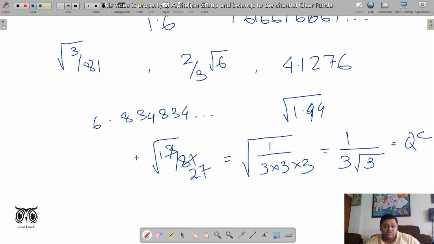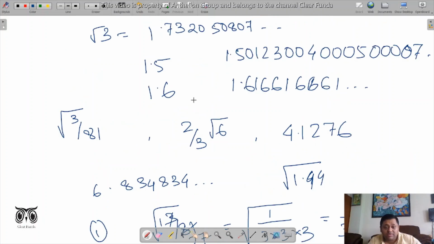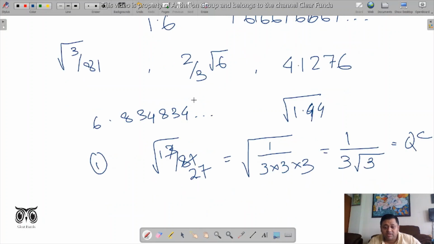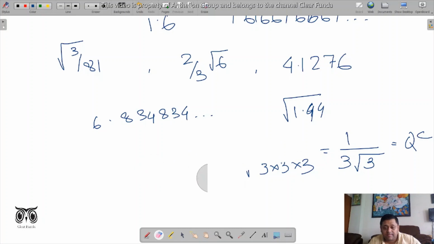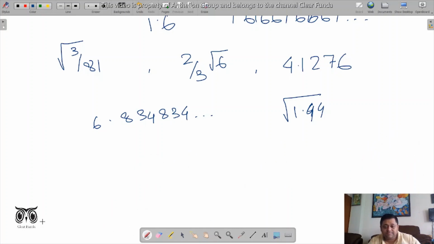Done. Let us see the second one. Here the fix has ended, so do we have to erase? Or the page cannot go down as it says. Okay, so let me clear this. Let us find number 2. 2/3 √6.